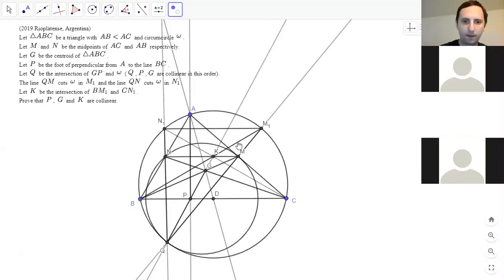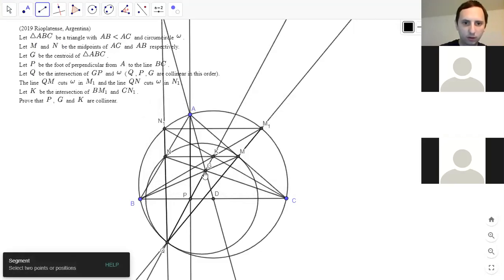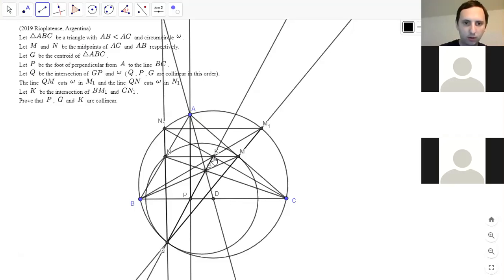Okay. So I'll call this K prime. Yeah. Indeed, I think what one can do is redefine K prime as the projection of D onto NM. Oh, that might be an even easier way to do it. Okay.